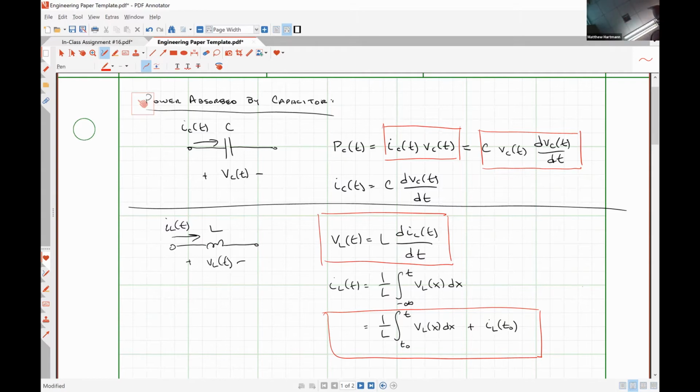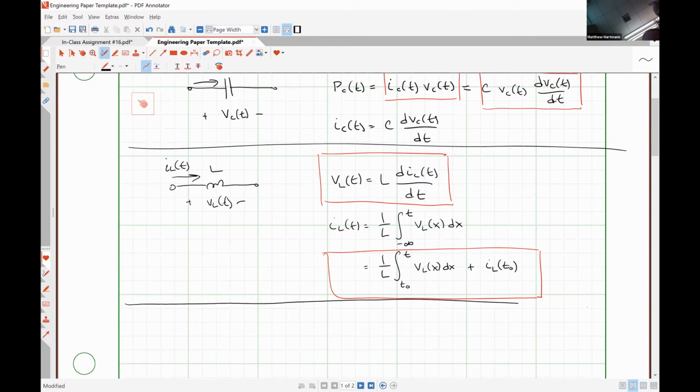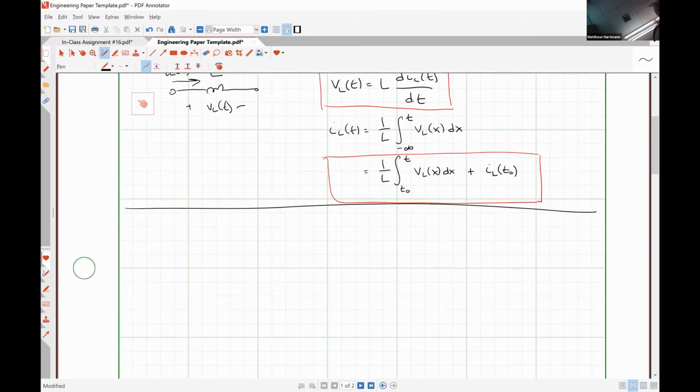Inductors in parallel add like resistors in parallel.